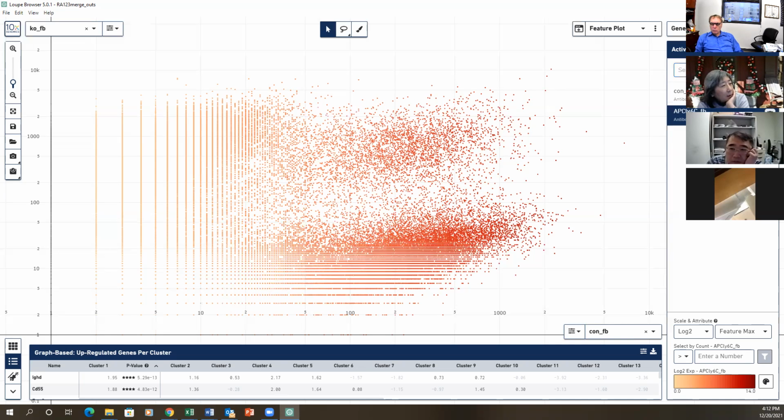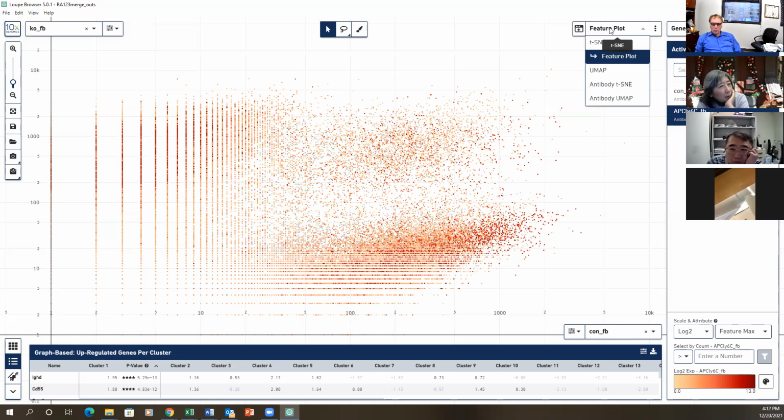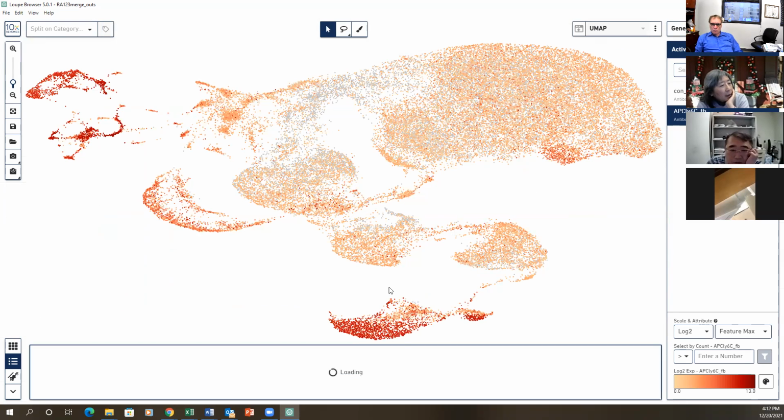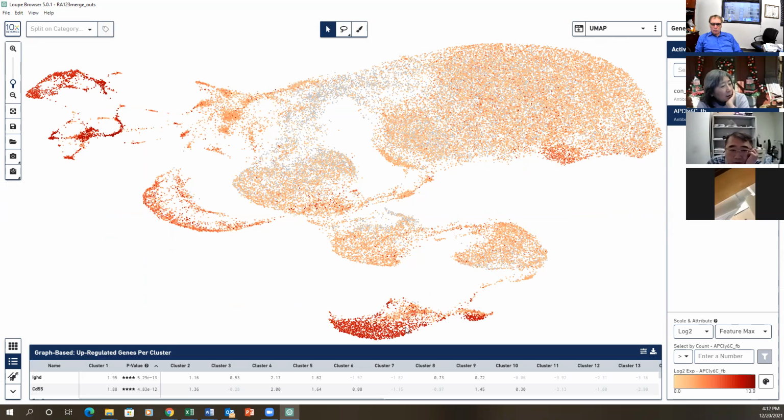CiteSeq. This is LY6C. You see this population, right? Exactly. Right. So the CiteSeq part, that's where CD93 is. They all work well.